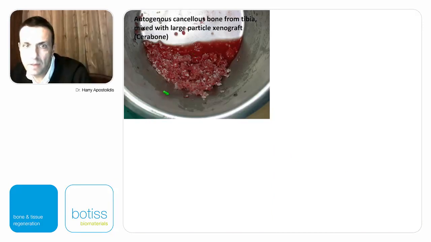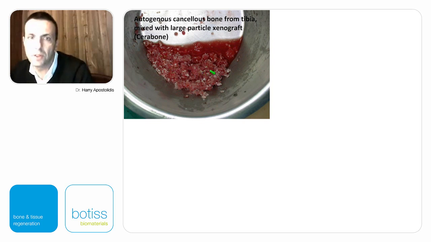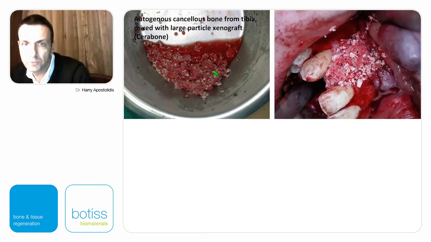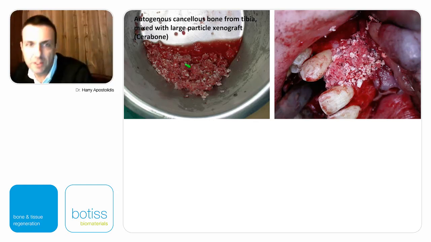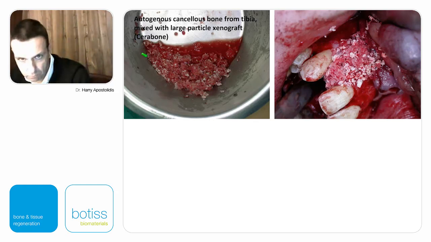And we have the mixture, always the same, cancellous bone here, very good cancellous bone, full of osteoblasts with xenograft granules. We just opened a bottle of Cerabone 5 cc's.